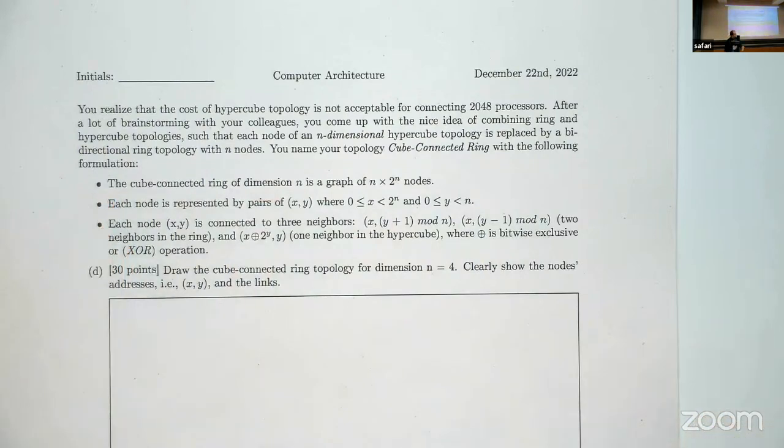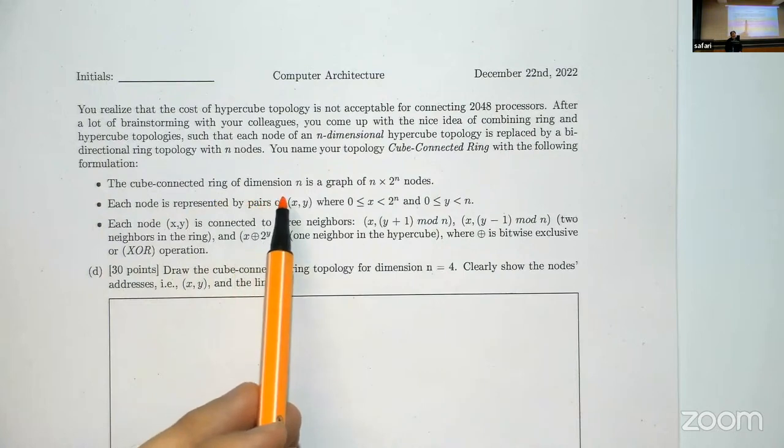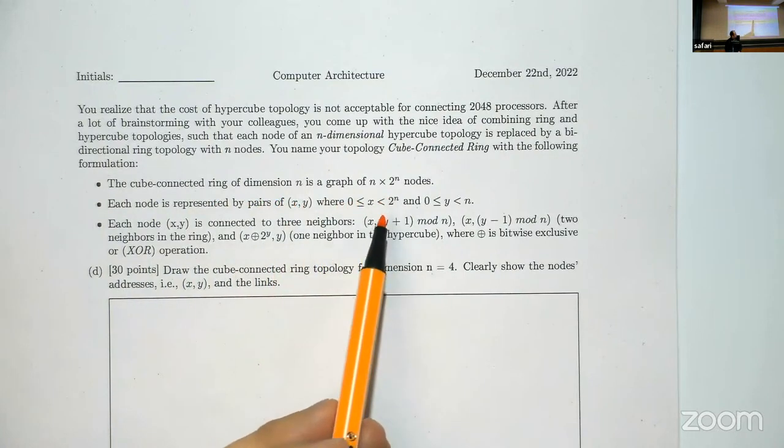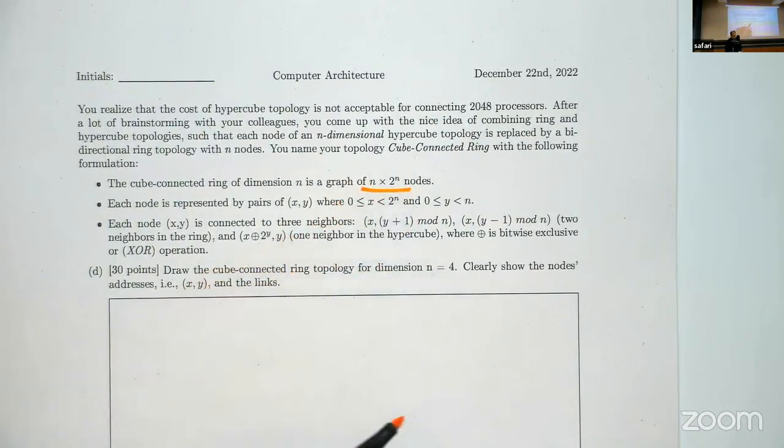So we need this formulation to understand how we can make this topology. Basically, the cube connected ring of dimension n is a graph of n times 2 to the power n nodes. So this is very critical here.